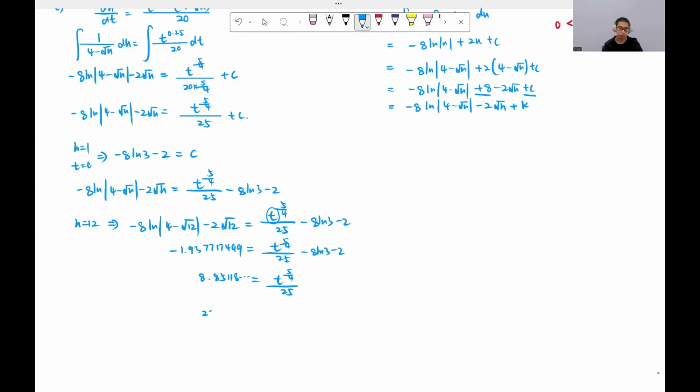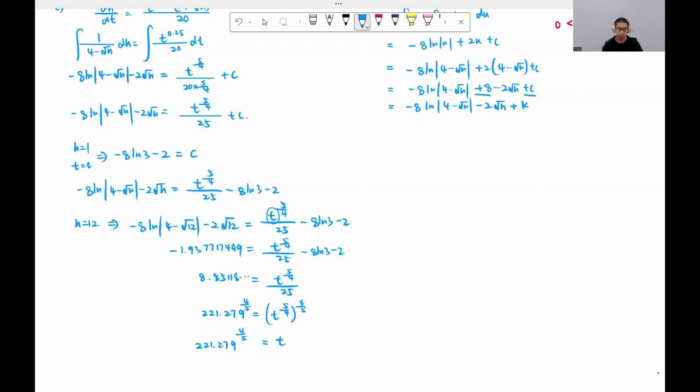That will be 221.279 equal to t to the power 5/4. To work out t, we just take the power of 4 over 5 on both sides. Because 5/4 times 4/5 cancels out and becomes 1, and then we get t.